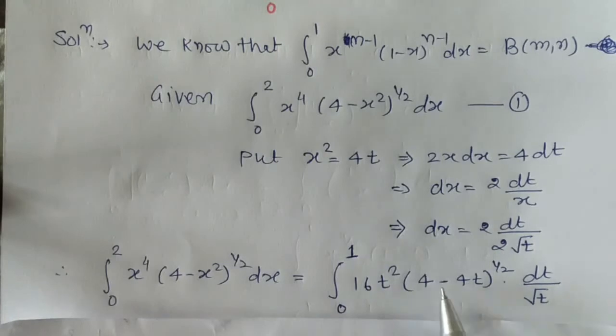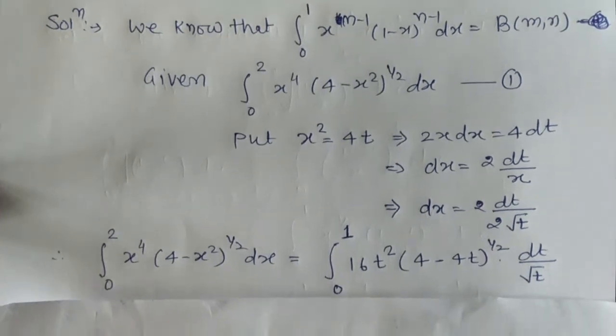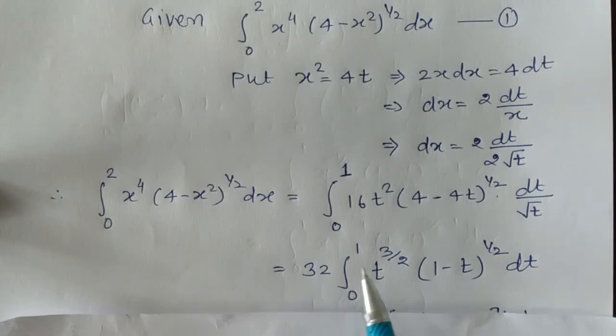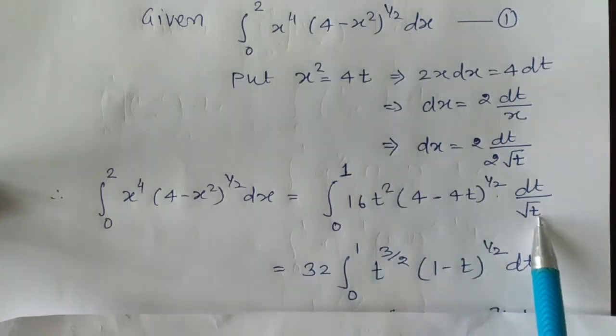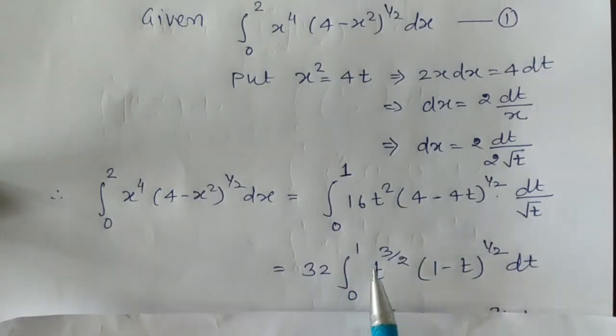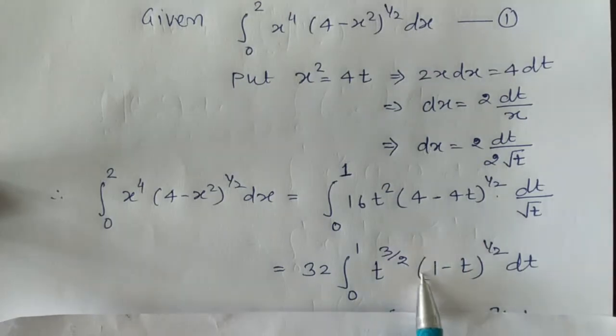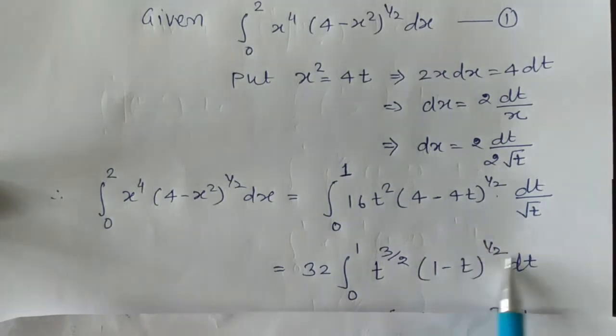Now from here we take 4 common, then its square root becomes 2, and 16 into 2 is 32. So we have 32 into integral 0 to 1 t power 2 upon t power half becomes t power 3 by 2 into, here 4 is common, so we have (1 minus t) whole power 1 by 2 dt.